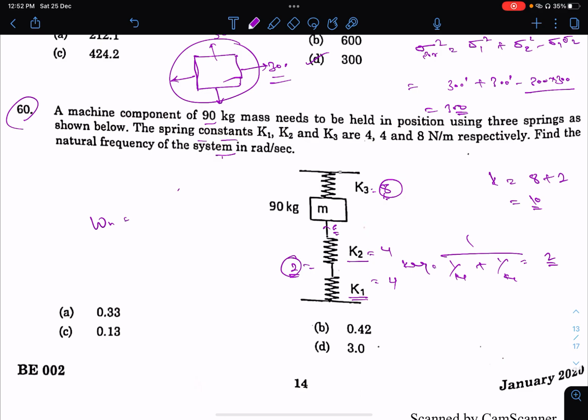So omega is equal to root of K by M. Since this is asking us the natural frequency of the system, omega n is equal to root of 10 divided by root of 90, that is root of 1 by 3. So 0.33 will be the answer.